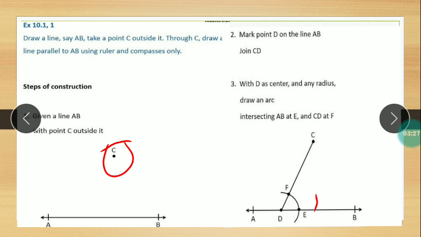angles. Now with D as the center and any radius, draw an arc intersecting AB at E and CD at F using the compass.